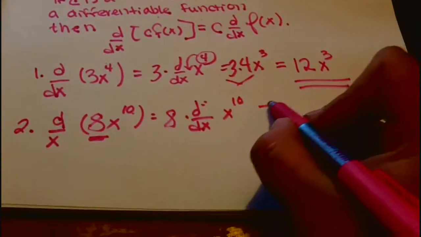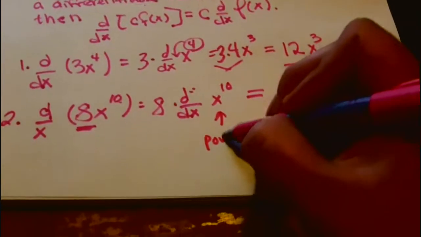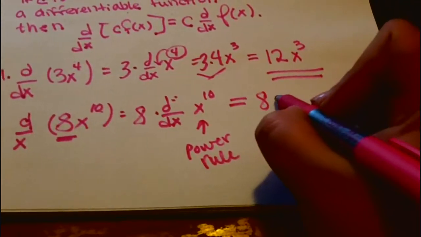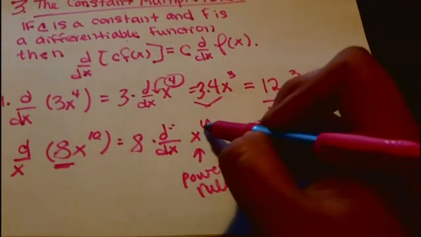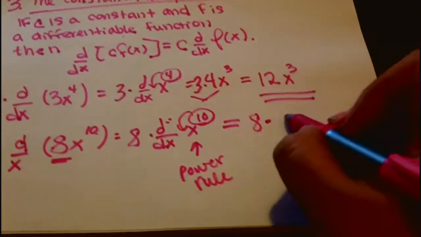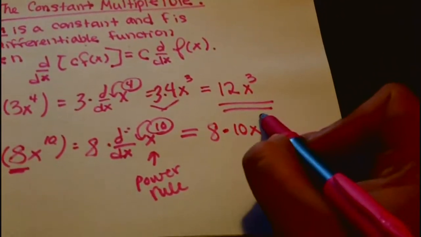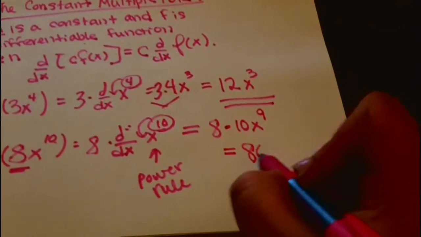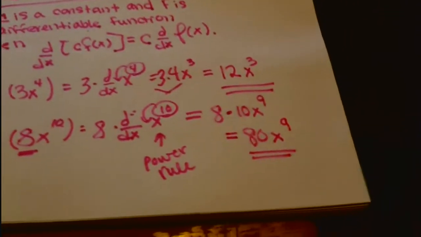And then to find the derivative of x to the 10, we use the power rule. So it would be 8, the constant, times the power rule, which would be 10, move 10 down, x to the 10 minus 1, which would be 9. So that is equal to 80x to the 9. And that's your final answer.